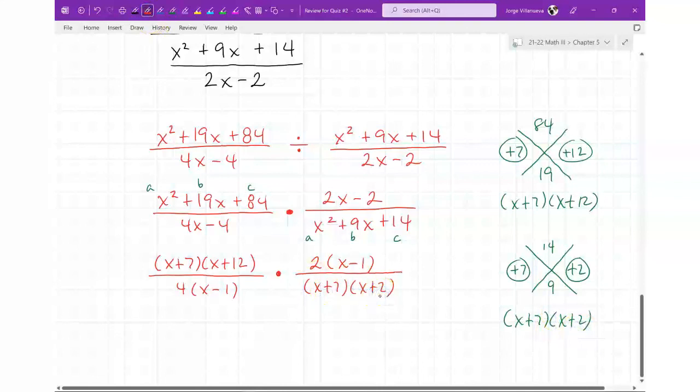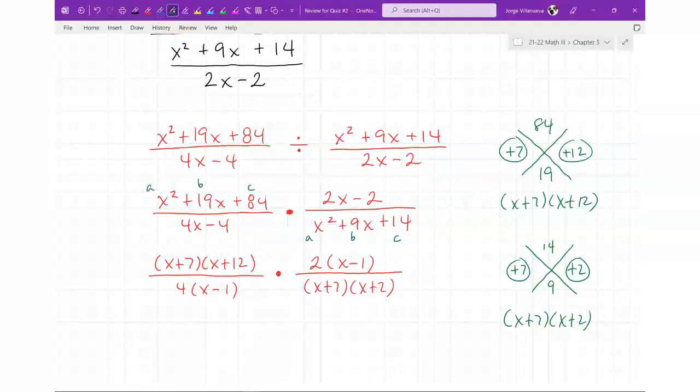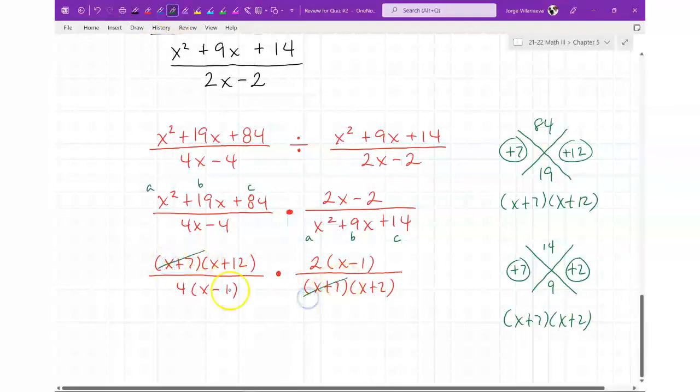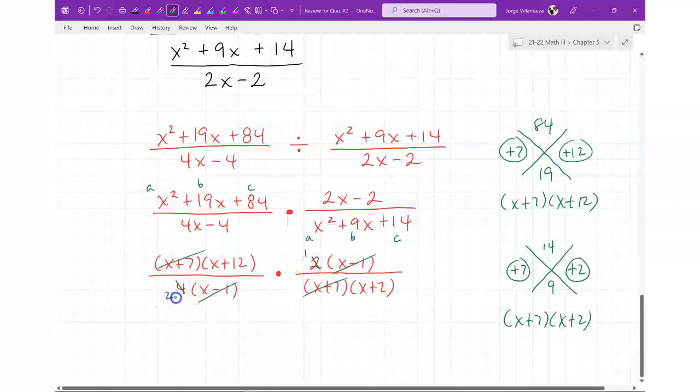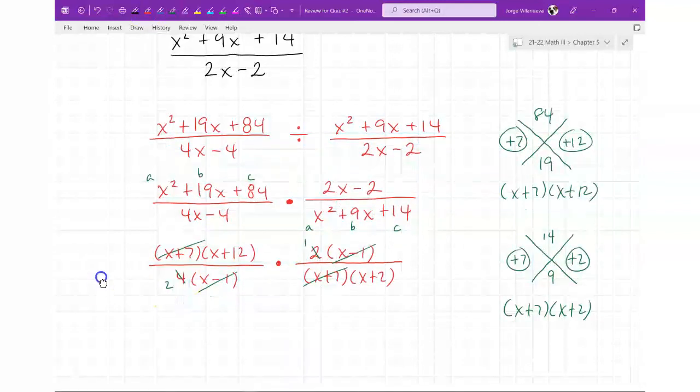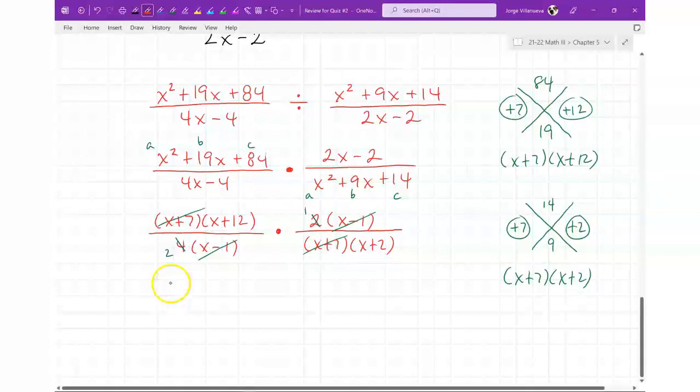All right, what can I cancel? What else? Anything else? It's kind of hidden, but it's there. One more thing: the 2 and the 4. 2 goes into itself once, into 4 twice. So let me write down what it looks like before I get my final answer.